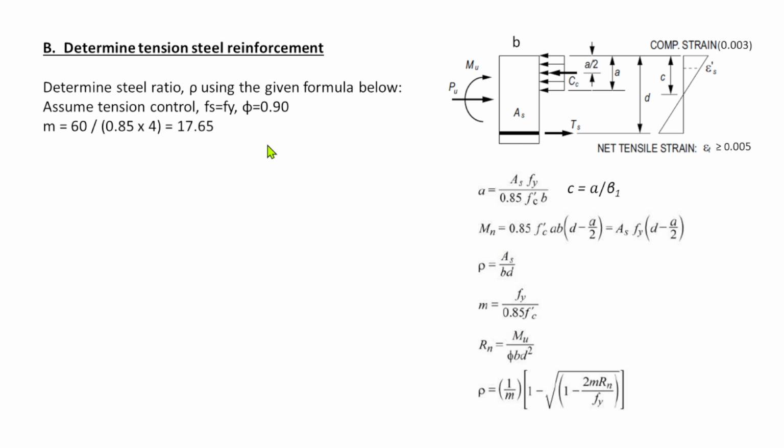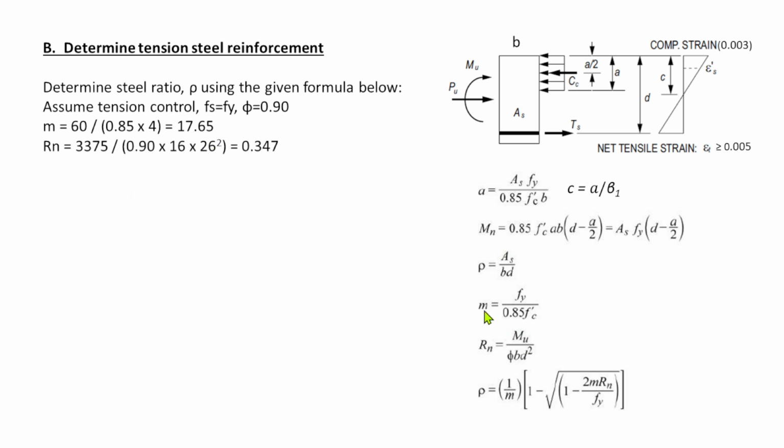So now we will calculate the value of m and the value of Rn, so that we can substitute it here. Then we will get the value of the steel ratio. So m is 60 divided by 0.85 times 4, which is the strength of concrete, and this is the strength of steel. So we will get 17.65.